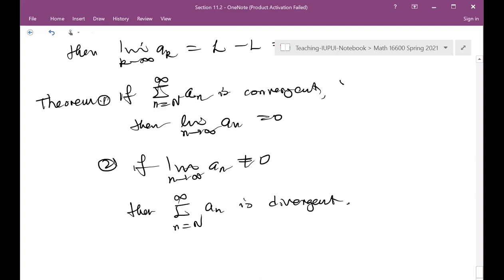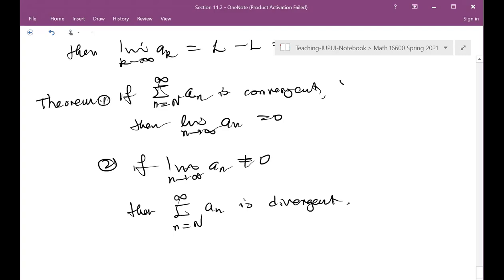So let's understand the logic. If the series is convergent, I just showed that the partial sum approaches some finite number. So based on the above argument, the nth term must approach 0. And so if the nth term does not approach 0, then the series is divergent.